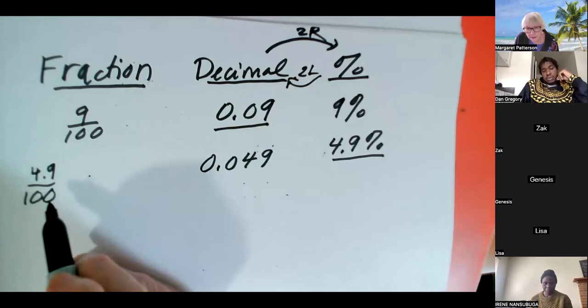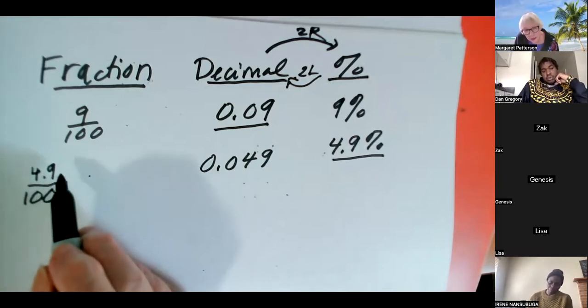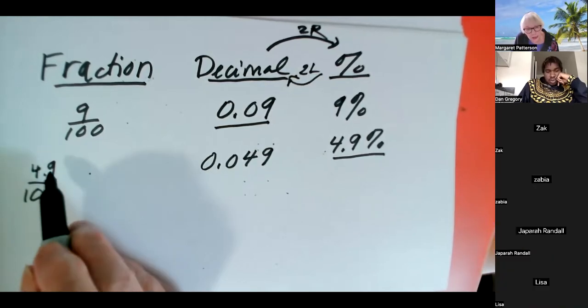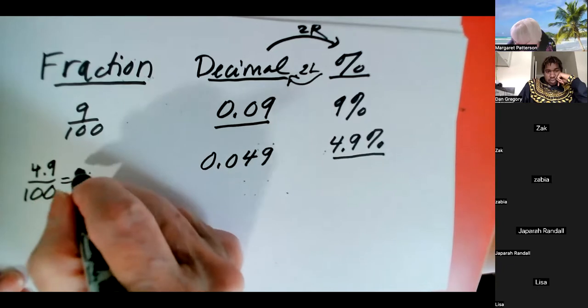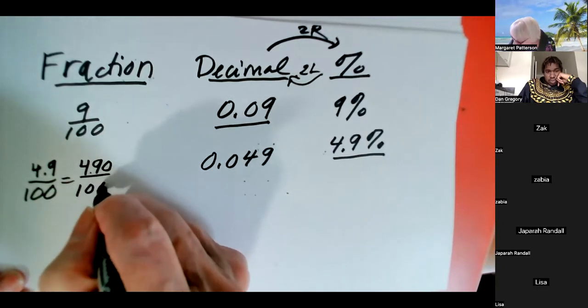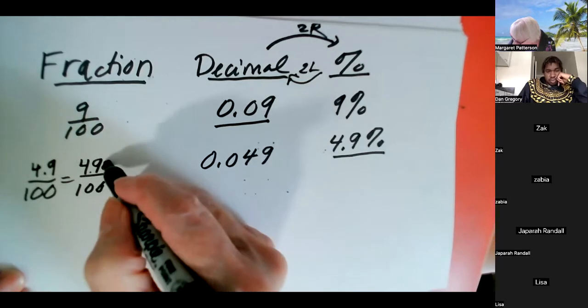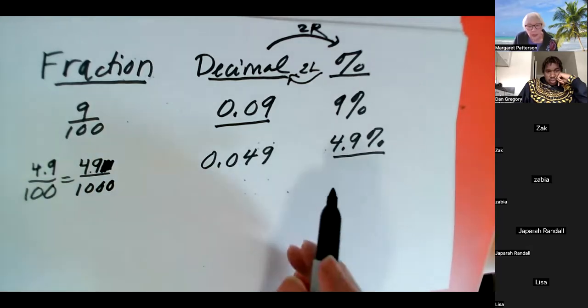So what we did last time is you would multiply this by 10, 1 decimal place, and this by 10. So what would that be? 49 over 1,000. Okay.